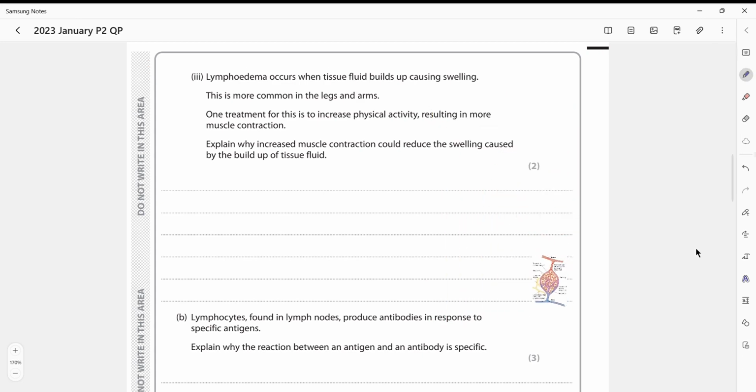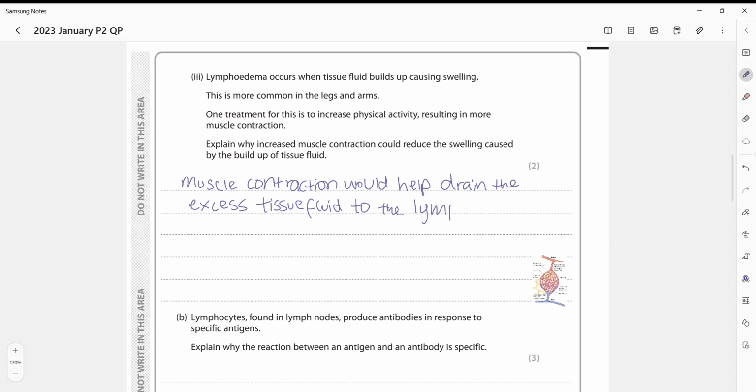Muscle contraction would help drain the excess tissue fluid to the lymphatic system. All right, that's your 2 marks.